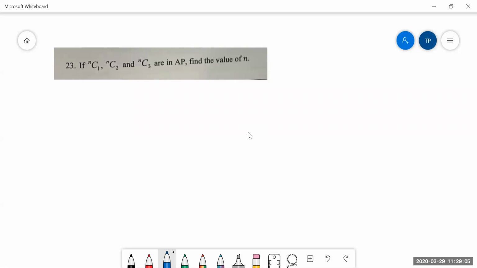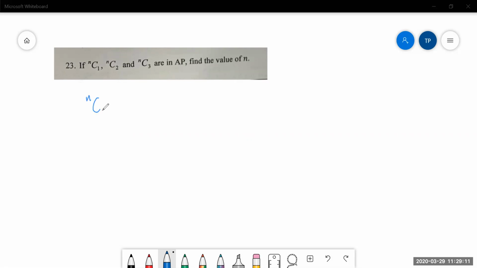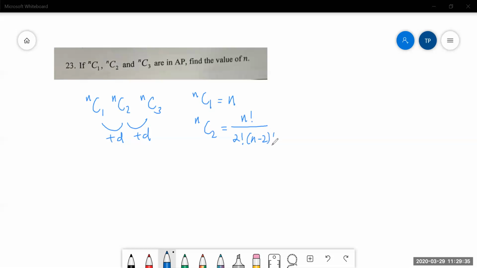So coming back to this: n choose 1, n choose 2, n choose 3, plus D, plus D. N choose 1 is n. N choose 2 is n factorial over 2 factorial, n minus 2 factorial, right?